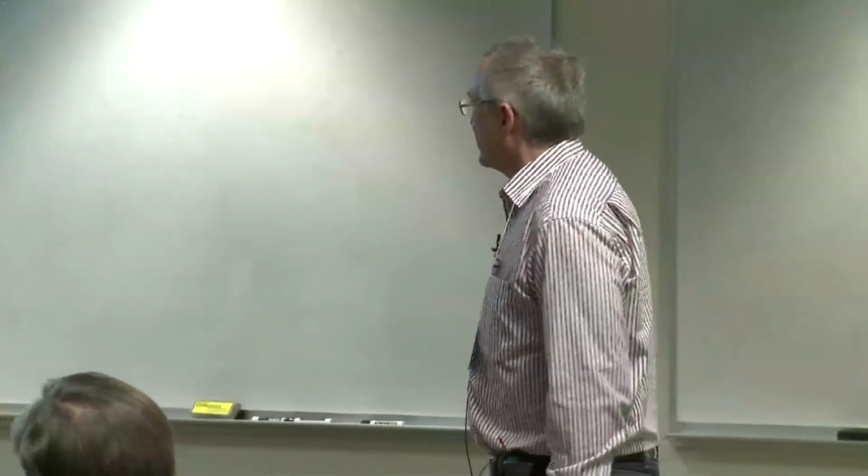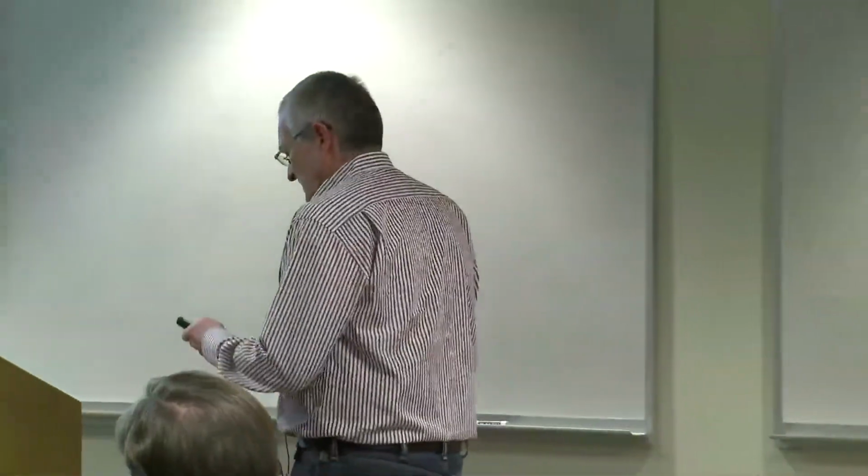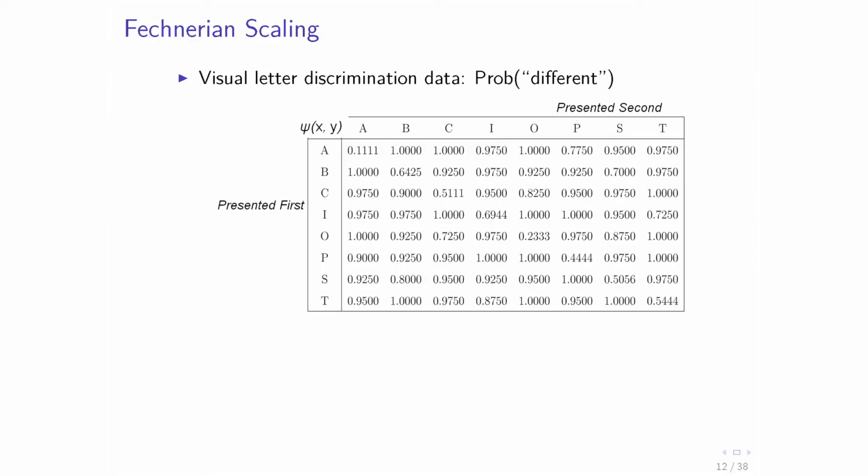So now let's come to a first empirical example of what this Fechnerian scaling of discrete object sets is like. These are actually data from our own lab, if I remember correctly. We presented two letters, and subjects had to tell us whether they considered these two letters as being the same or different. The details of the experiment don't really matter at this point.